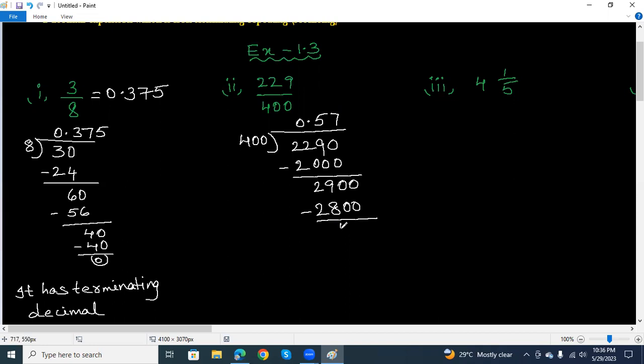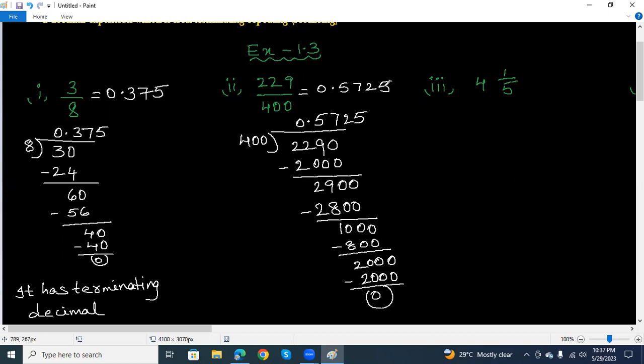So 100, one more 0. Now 4 twos are 8, 800. So 200, one more 0 you can put. 4 fives are 20, 2000. So 0.5725 in the decimal place.